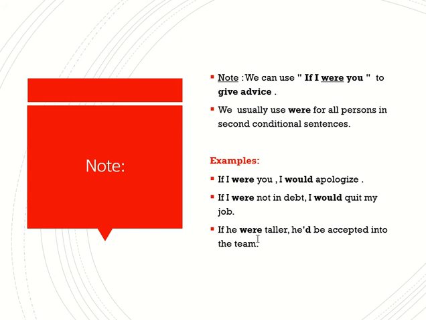If he were taller, he'd be accepted into the team. So focus very well: if I were you, if I were not in debt, if he were taller. We use were in all these examples in the second conditional. So don't use was with the second conditional, even if you have a singular person.